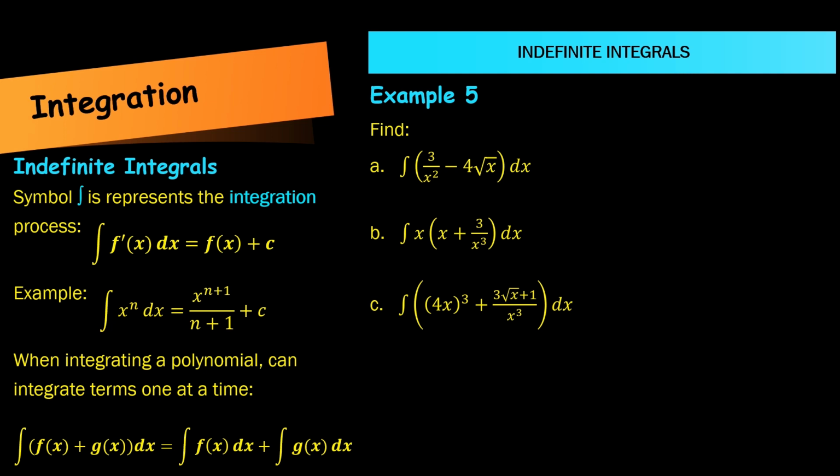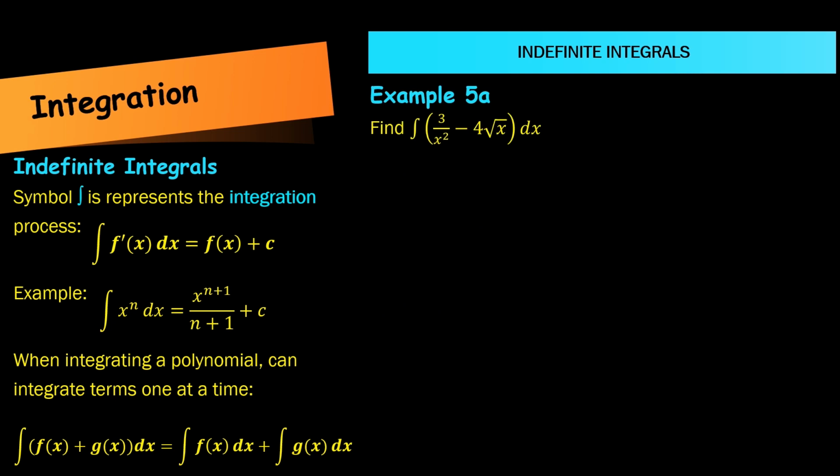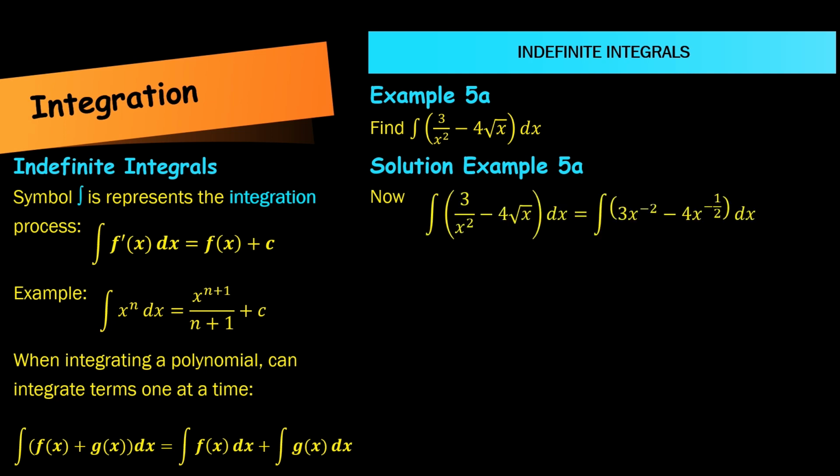So let's solve example 5a first. Find the integral shown on your screen. Let's solve this. This integral can be expressed as 3x to the minus 2 minus 4x to the minus a half.